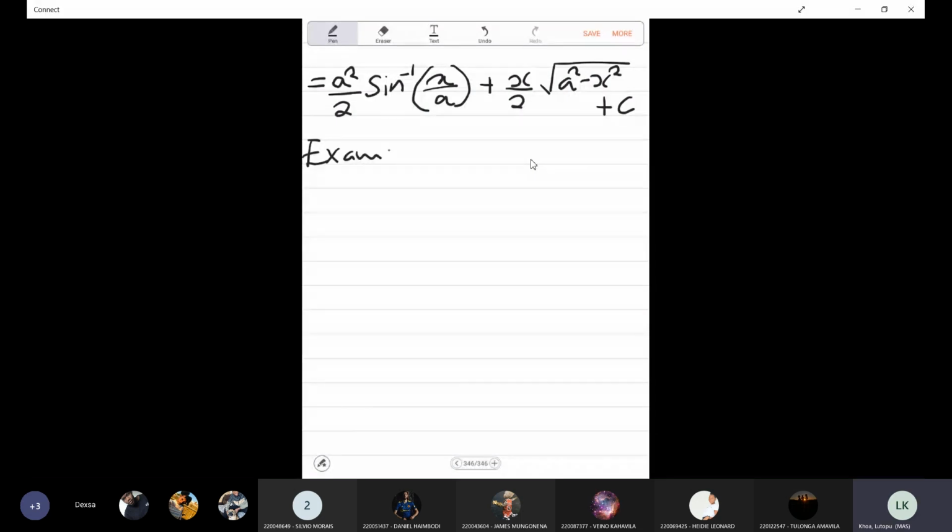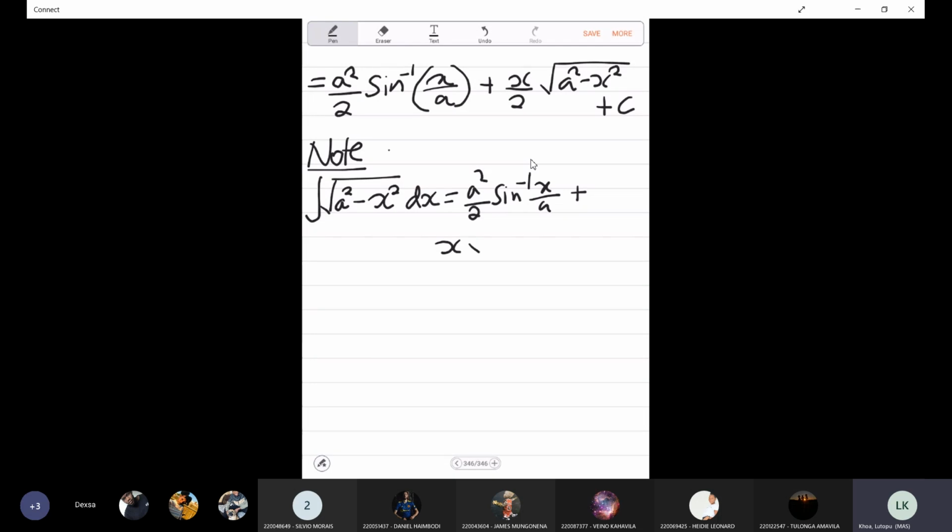Okay, so maybe I should just take note here. I should note that the integral of the square root of a squared minus x squared dx is a squared over 2 sine inverse of x over a plus x square root of a squared minus x squared over 2 plus c.